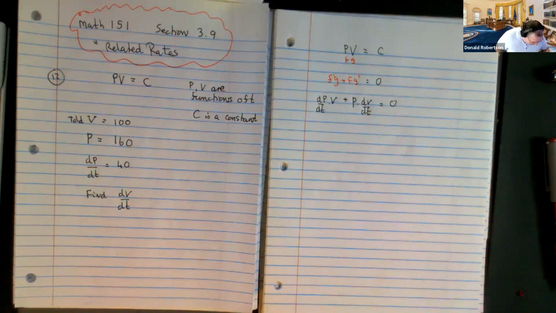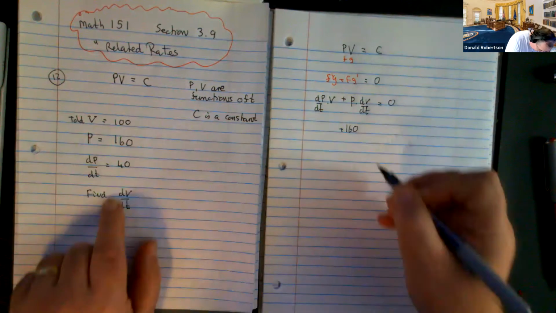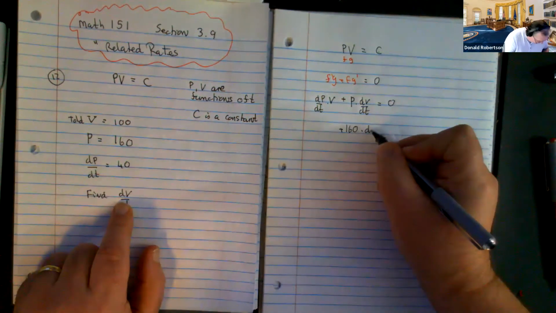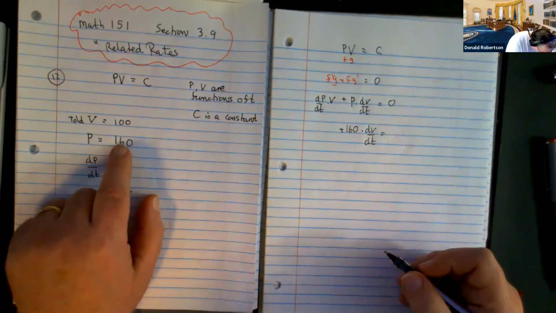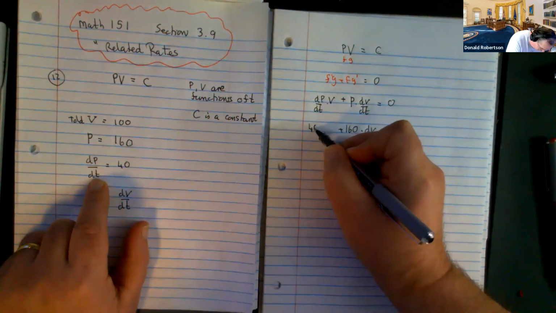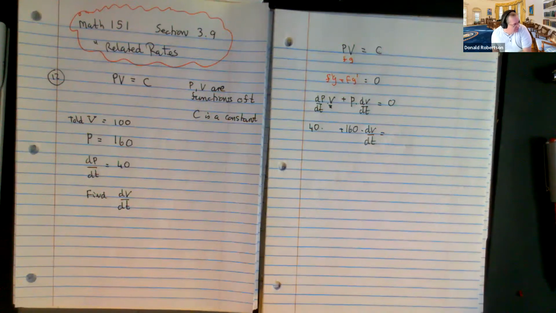Now, P is 160. I'm trying to find dV by dt. I know this guy is 40. And I don't know yet what V is. Agreed?